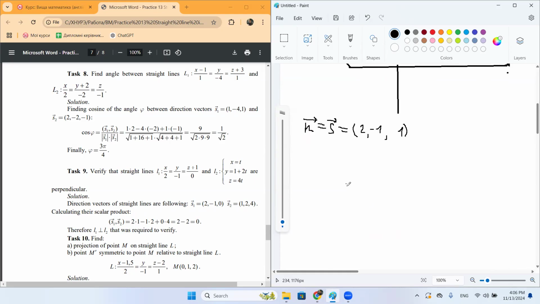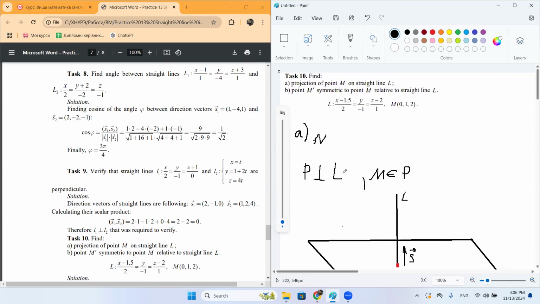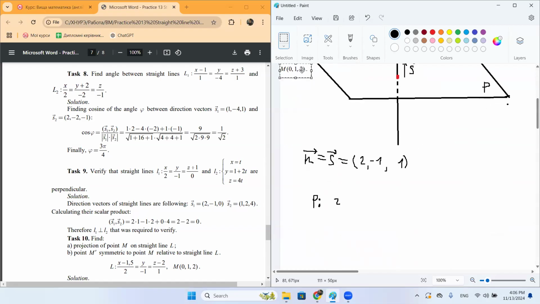Okay, and now let's write the equation of the plane P. So 2x, let me copy this point. 2 by x, 2x minus y minus 1 plus z minus 2, and it equals 0.